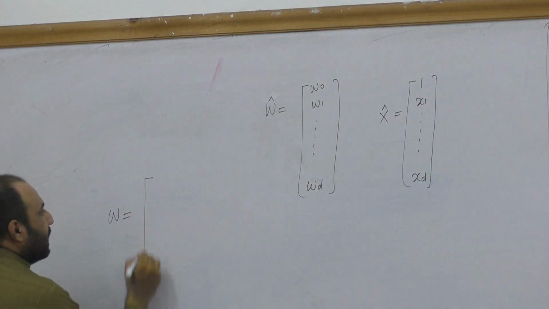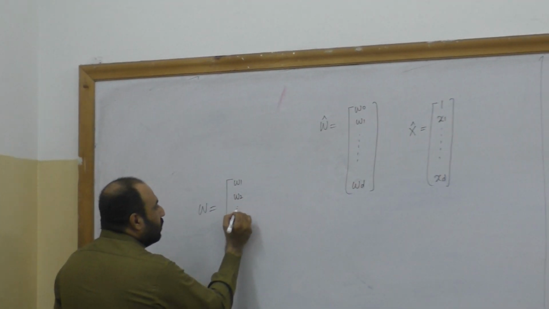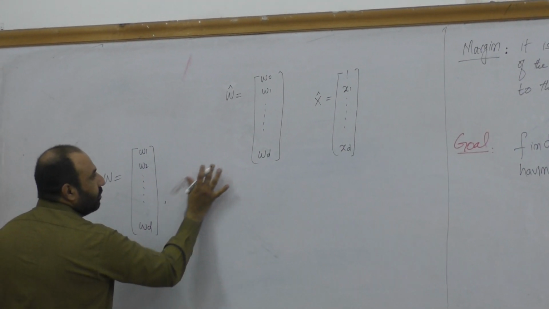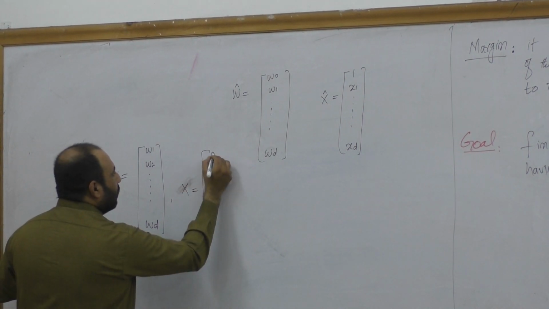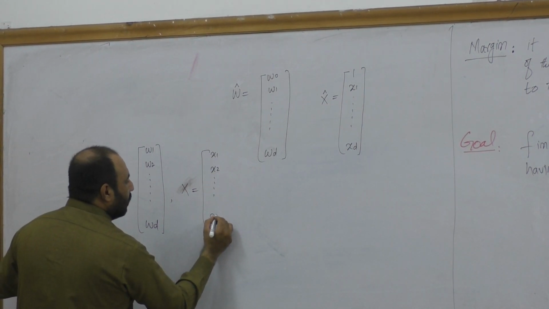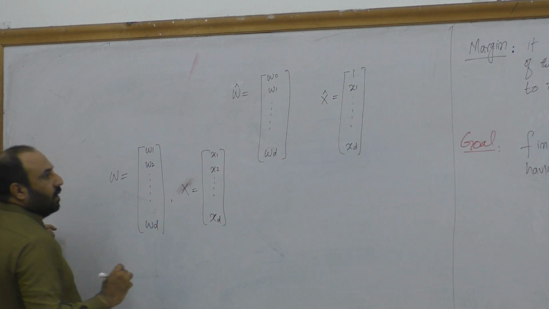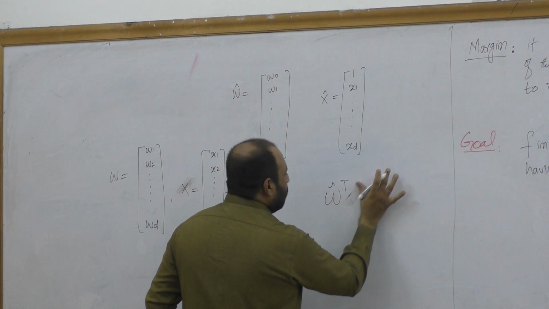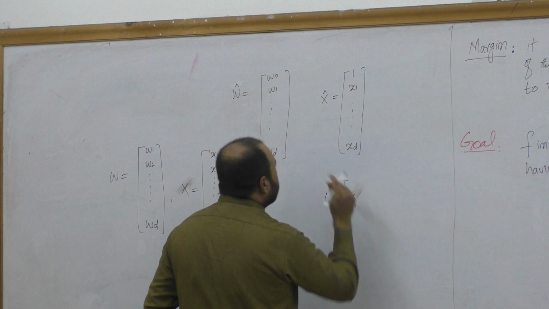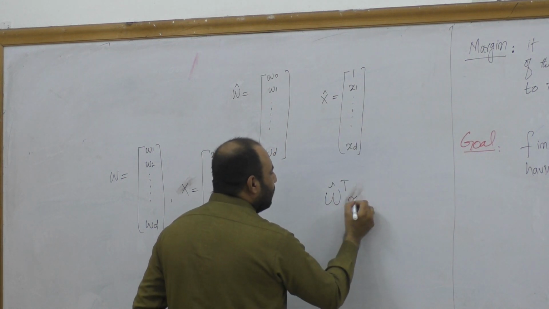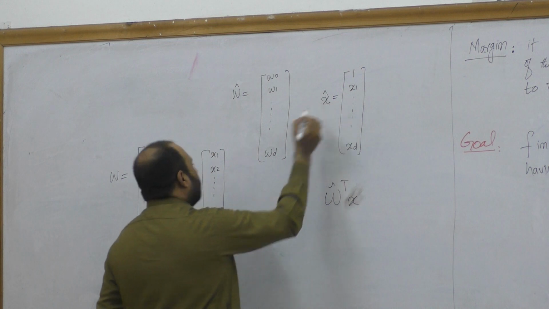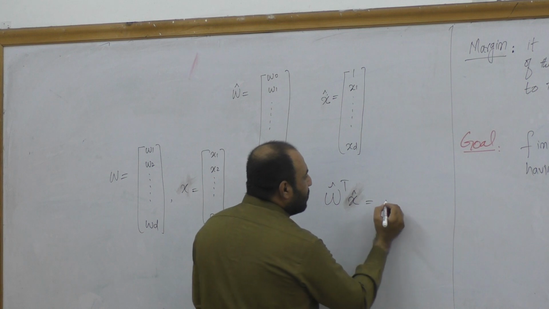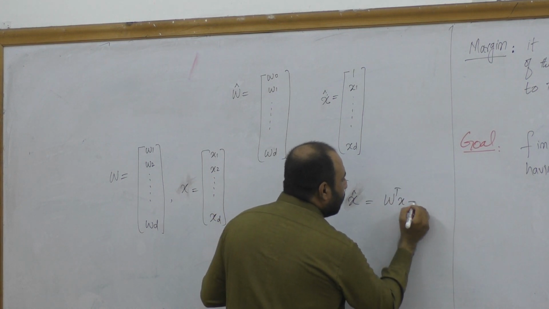If I define W like this, W1, W2, WD, and X as this, then this thing W transpose X. हमने कैपिटल X मैट्रिक्स के लिए कहा था, so let me call it X. W transpose X is equivalent to W transpose X plus W naught.